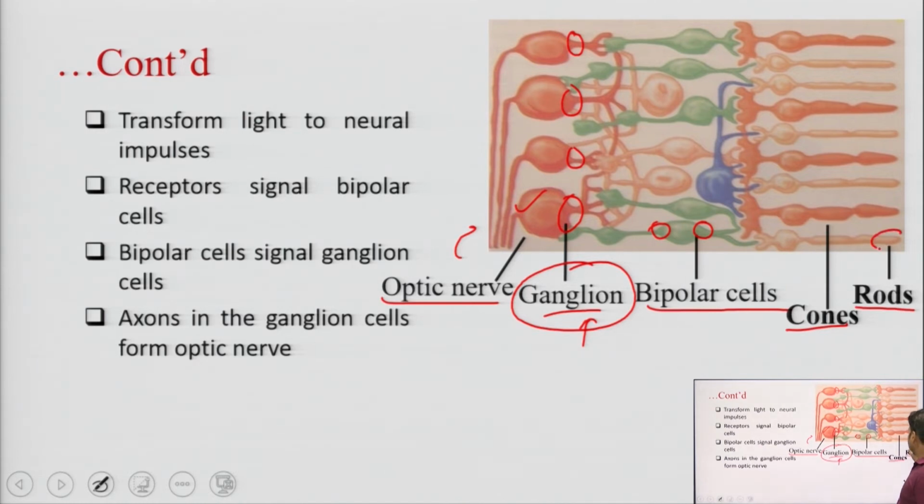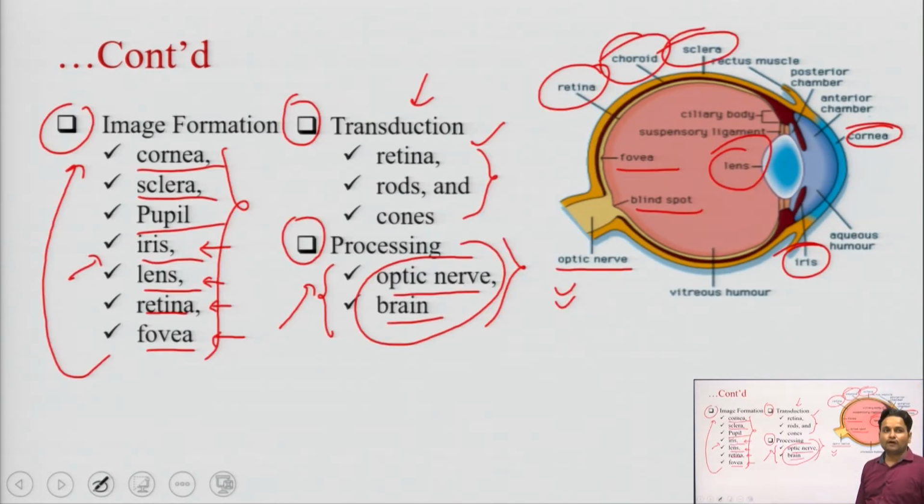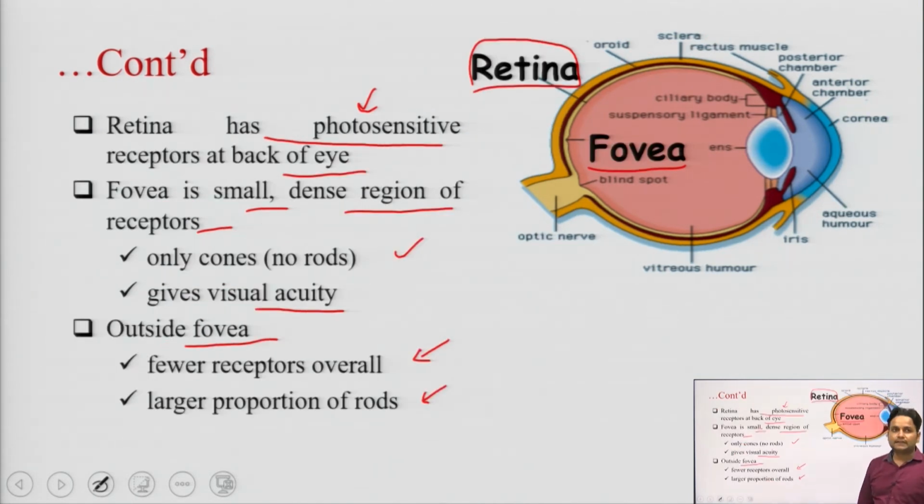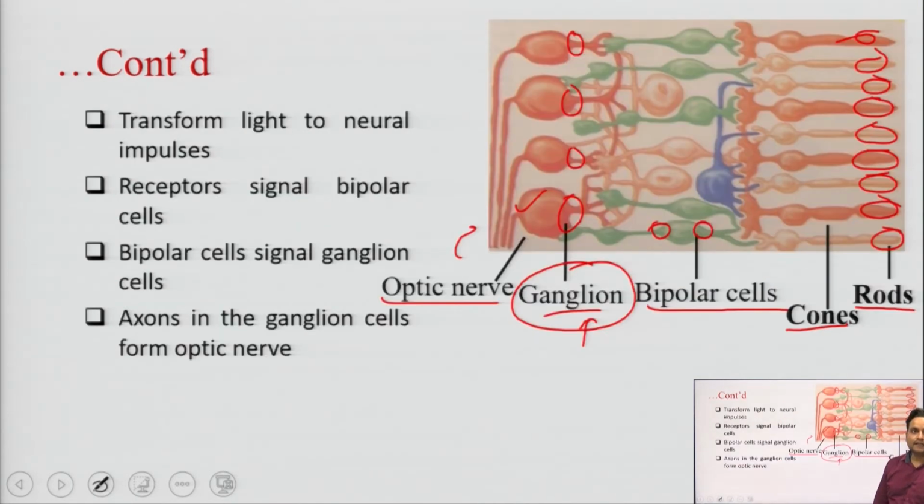Rods, these kinds of portions or parts we can say, are responsible for the transduction process. Okay. So, this is the internal structure of the human eye.